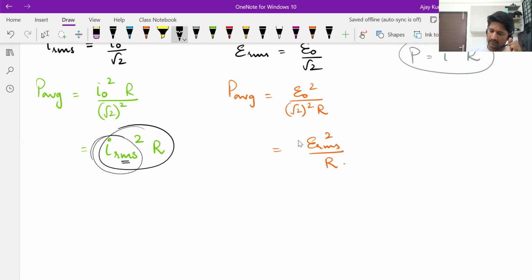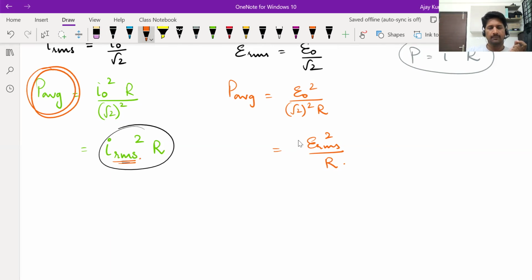Root mean square value of current is that current, or see, when do you talk about root mean square? You talk about it in case of variable current, alternating current, right? But if this much direct current passes also, that same power will be dissipated. Do you all agree with this or not?